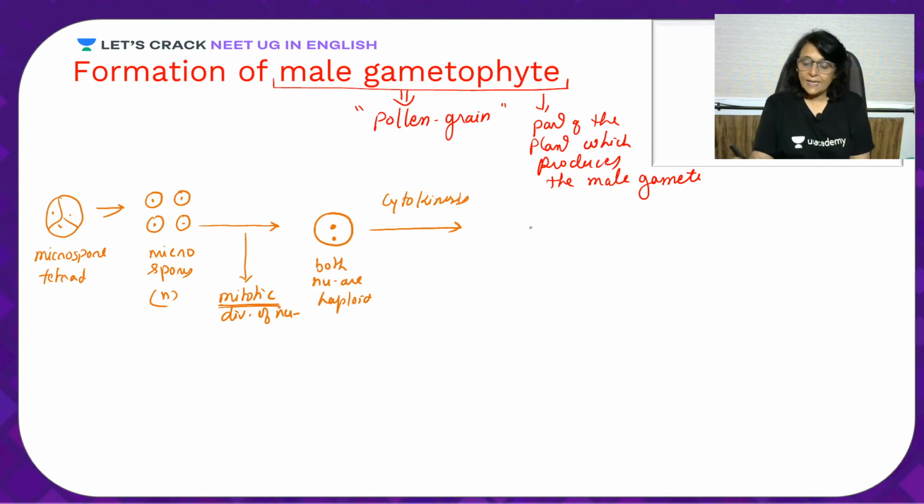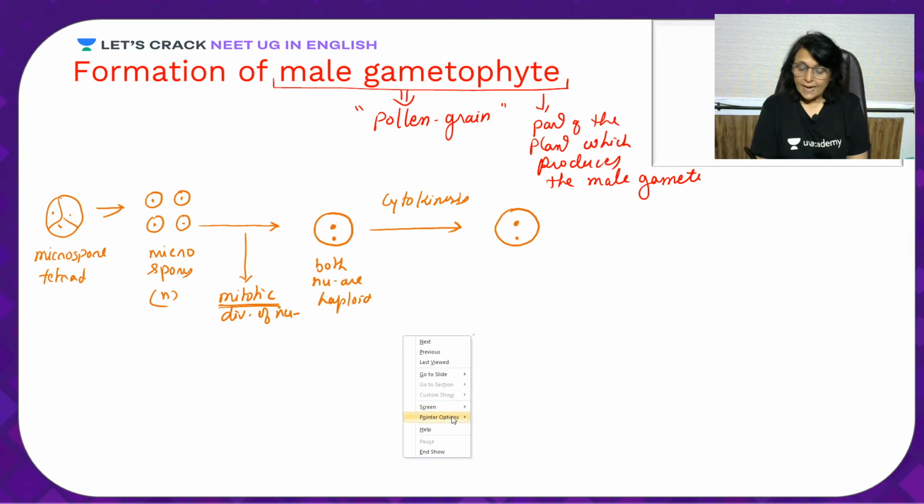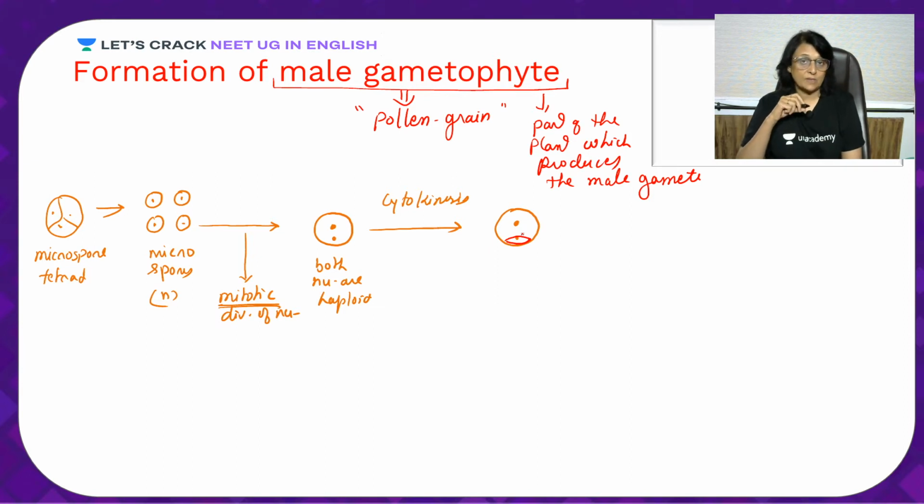But cytokinesis takes place in a slightly different manner. One nucleus gets surrounded by the membrane, which is made up of callose, and it is on one side. Normally it is a spindle shaped structure.